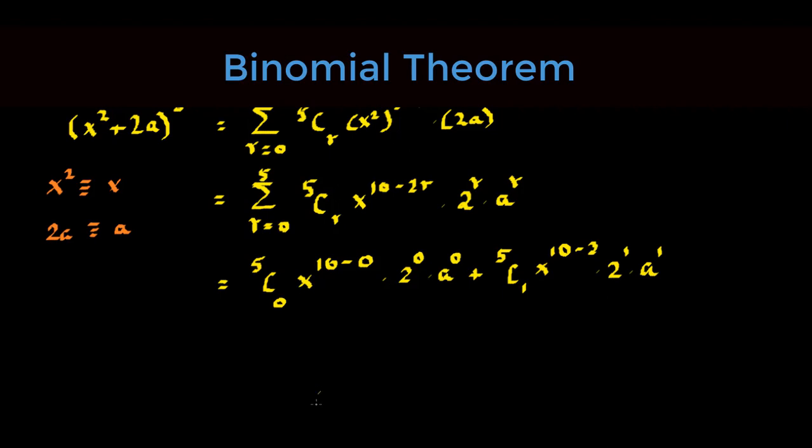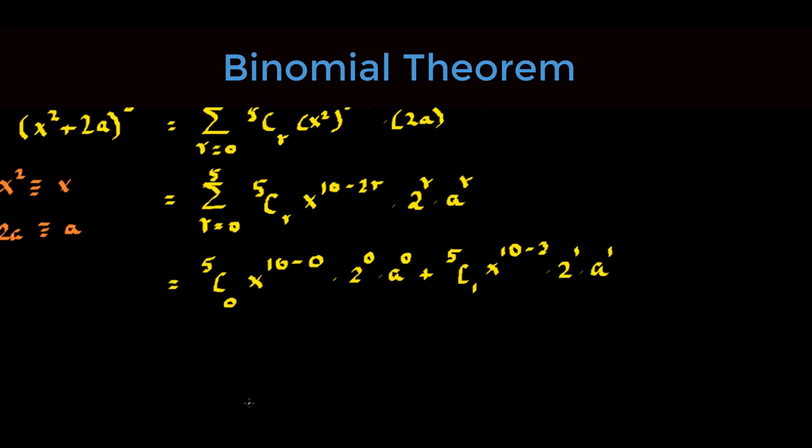We have space, I think there will be enough space to squeeze one more term. Okay, so this is 5c2 x raised to the power 10 minus 2 times 2, which is 4, so 10 minus 4. This will be 2 squared and a squared.